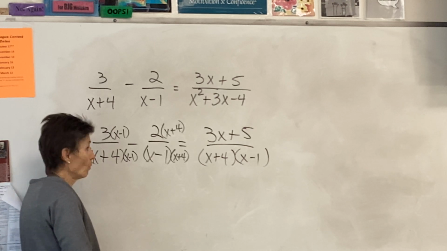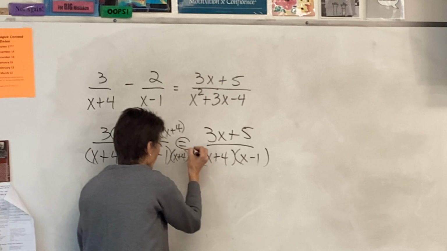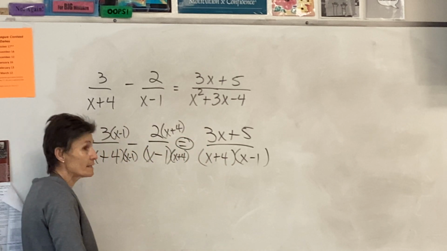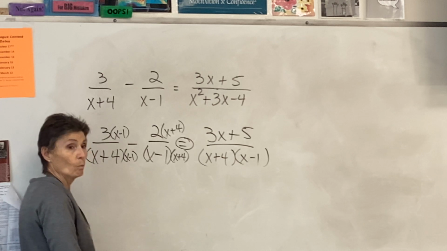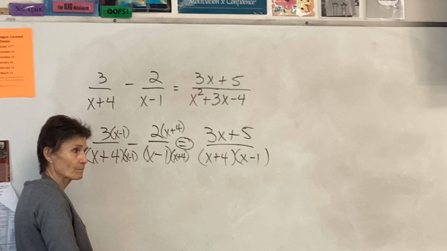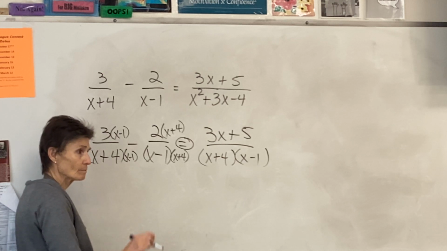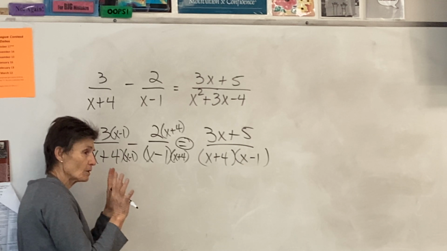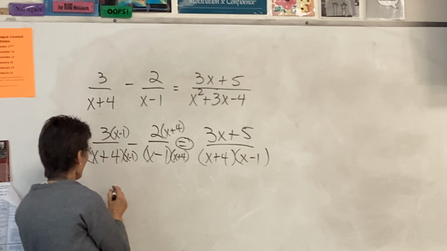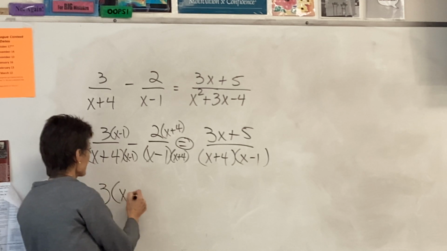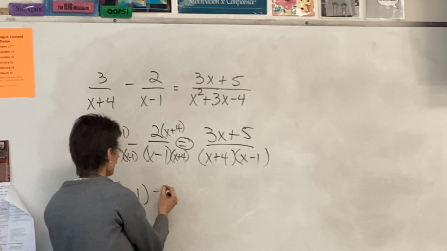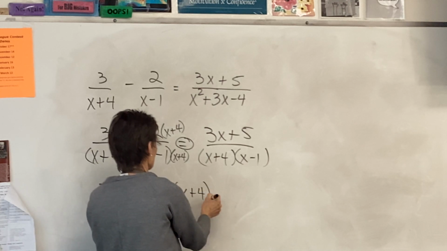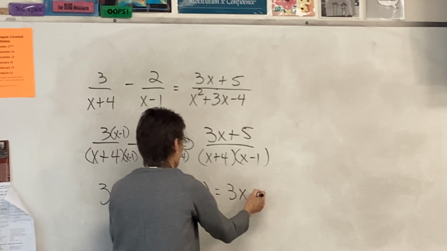Now at this point, in an equals problem, only in an equals problem, what am I allowed to do? Get rid of the denominators. Poof, they're gone. So all I have is 3x minus 1 minus 2x plus 4 equals 3x plus 5.